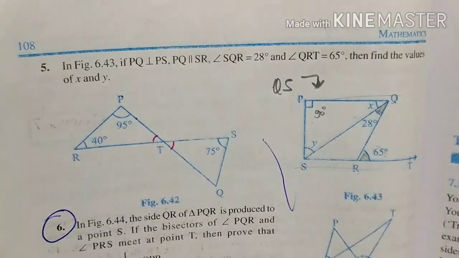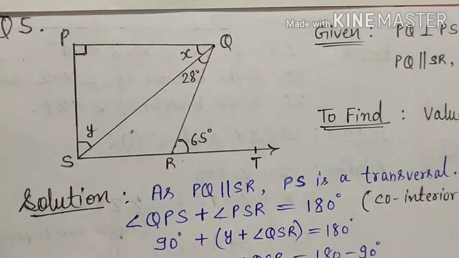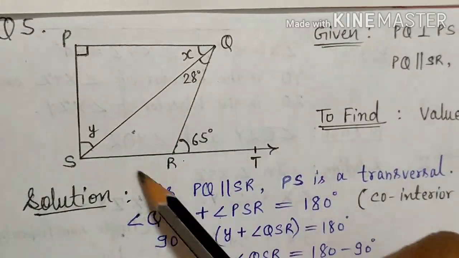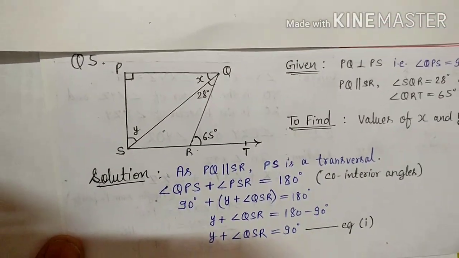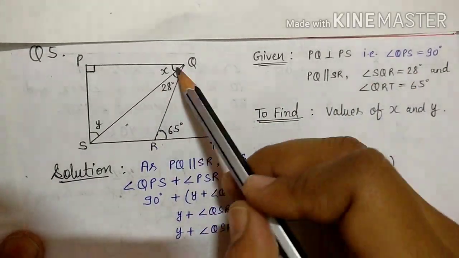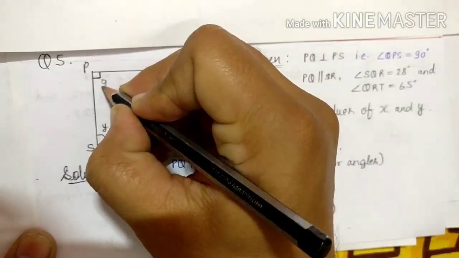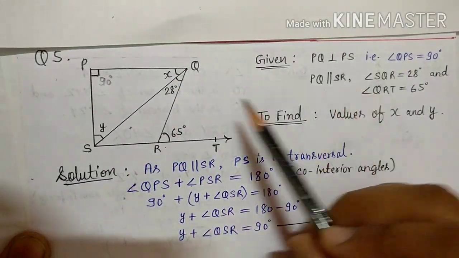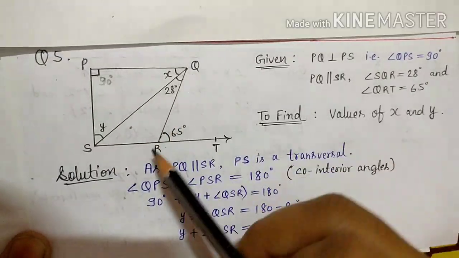So let's draw this figure in our copy, then we will solve it. As you can see, I have drawn that figure in our copy, question number 5, and I have written what is given to us and what we have to find. Given PQ is perpendicular to PS, so angle QPS is 90 degrees. PQ is parallel to SR, angle SQR is given 28 and QRT is given 65.